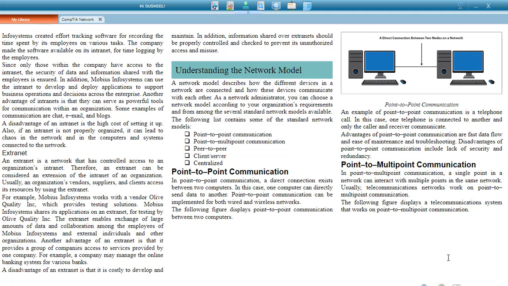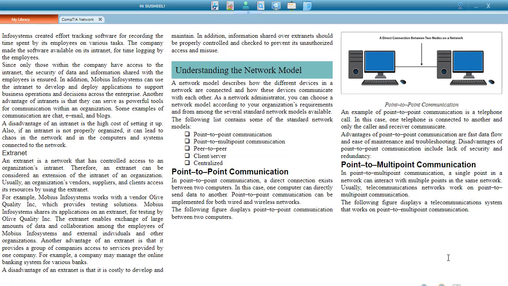Point-to-point communication. In point-to-point communication, a direct connection exists between two computers. In this case, one computer can directly send data to another. Point-to-point communication can be implemented for both wired and wireless networks. The following figure displays point-to-point communication between two computers. An example of point-to-point communication is a telephone call.